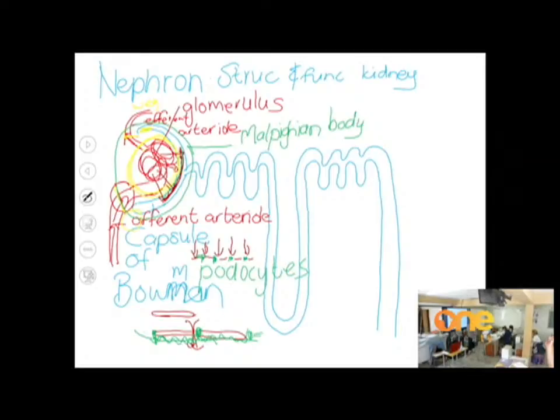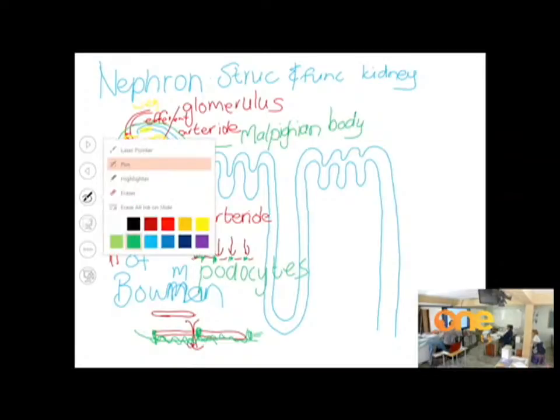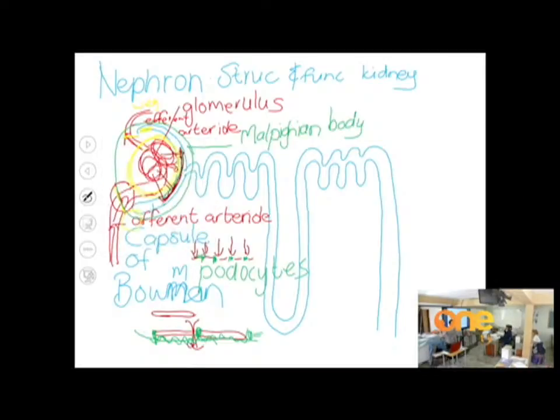Okay. Right. And the moment when I have the substance moving here into that space, it is called filtrate. And that filtrate is what?